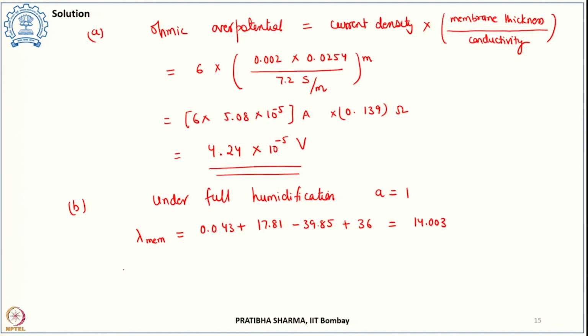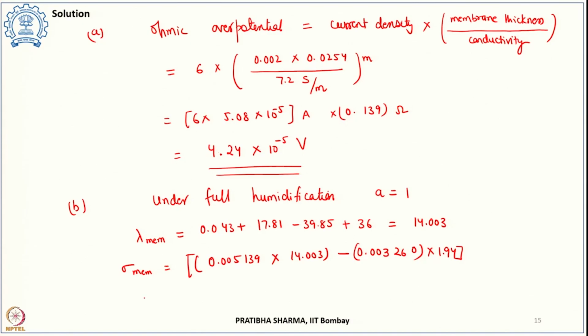Now this we can substitute for finding out the conductivity of the membrane, and that is 0.005139 into this value of 14.003 minus 0.00326 into 1.94.